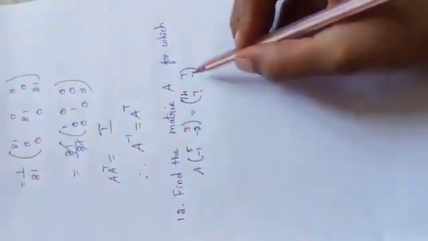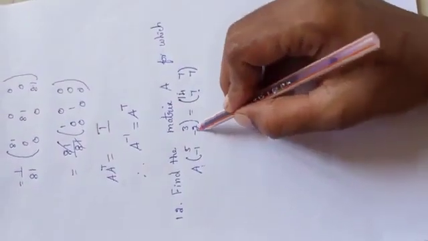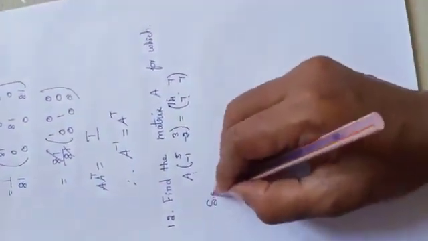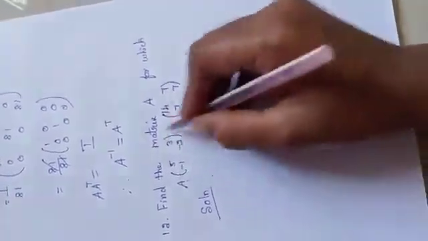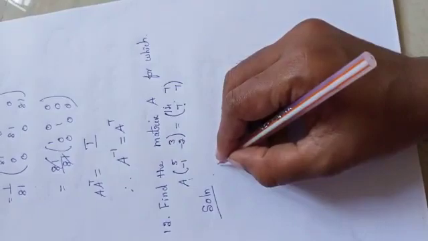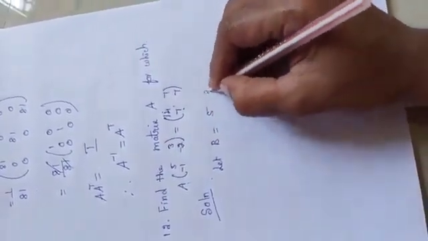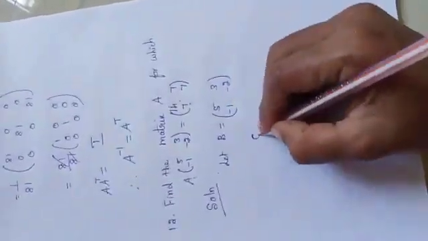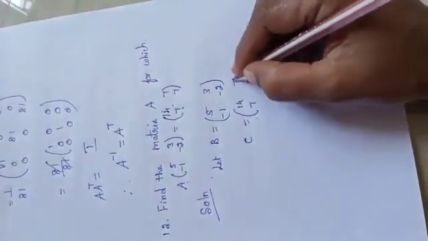Next, problem number 12. Find the matrix A for which A into one matrix is given equal to another matrix. This also we are going to do using the property. I am going to take this as B. Let B be 5, 3, minus 1, minus 2. And C is equal to 14, 7, 7, 7.